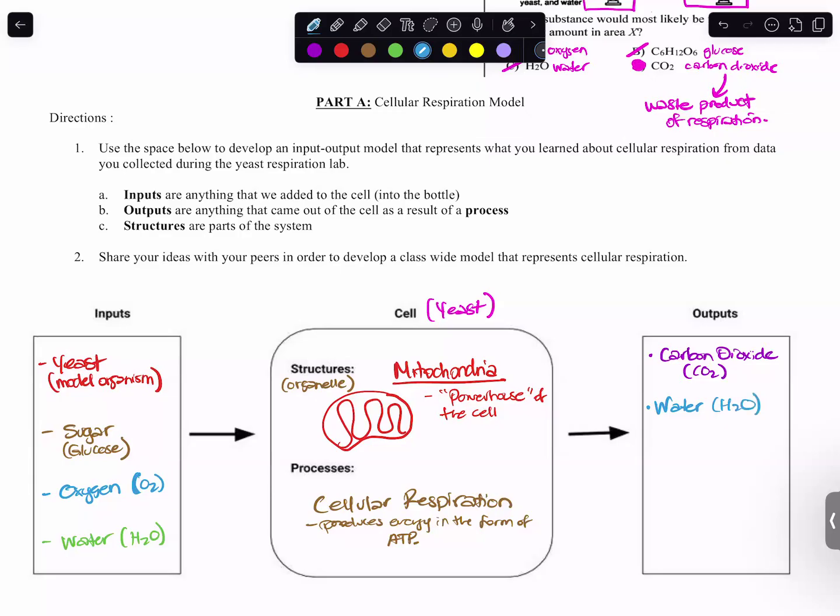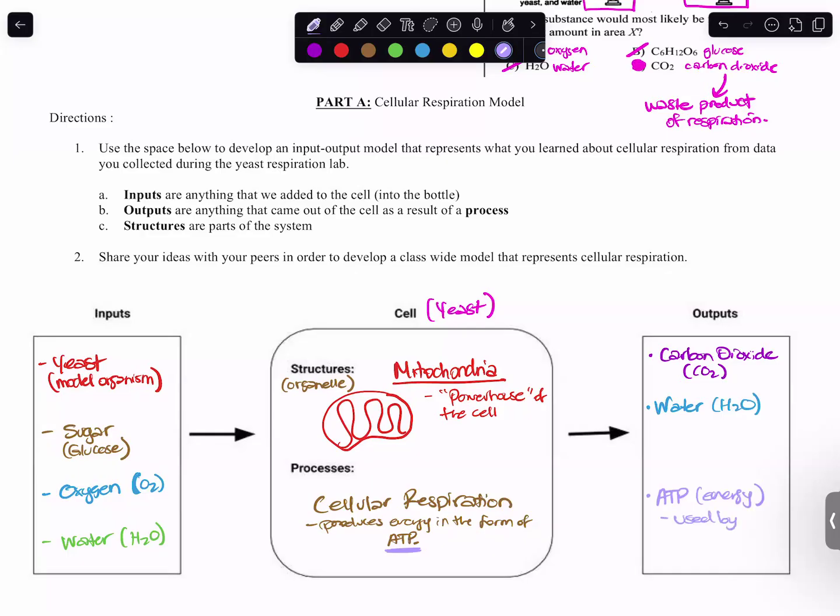So water is also produced. But the whole purpose of respiration, right, is to produce ATP energy, which we literally just stated here. That's the whole purpose, right? This is cellular energy to be used by cells.